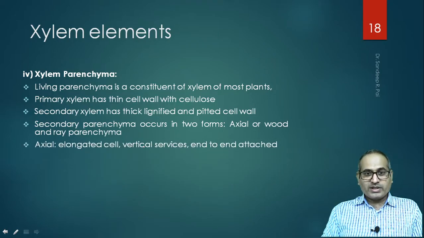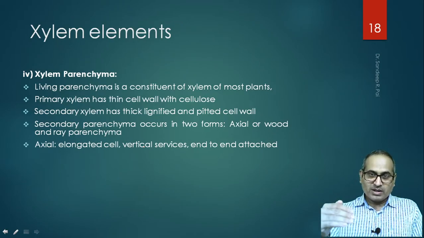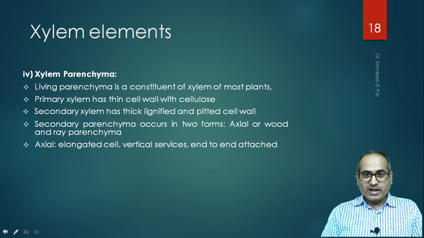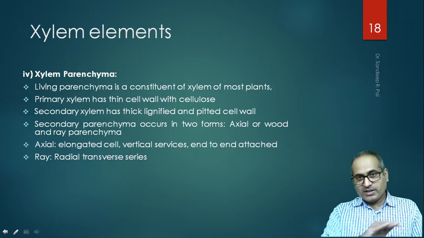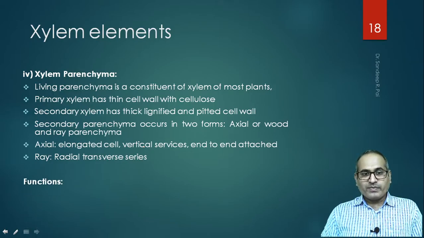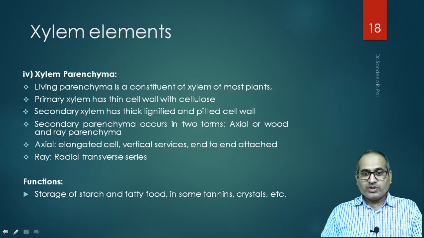Axial is an elongated cell, with vertical surfaces attached end to end. So from the roots to the upper part of the plants, they are connected end to end. Then ray parenchyma is in radial or transverse series, the horizontal part. They function in storage of starch.